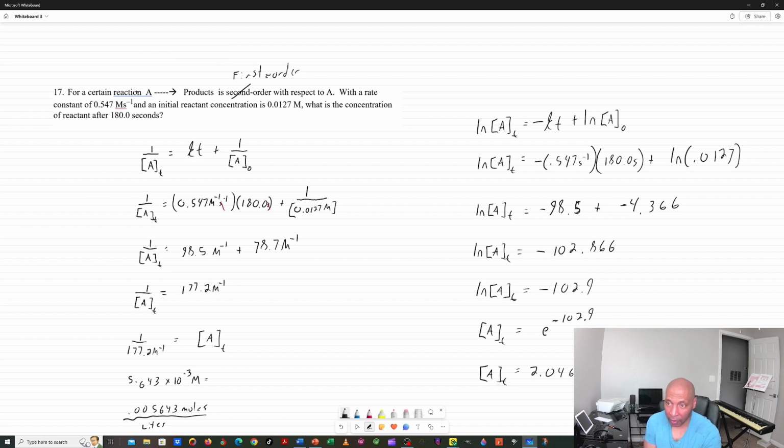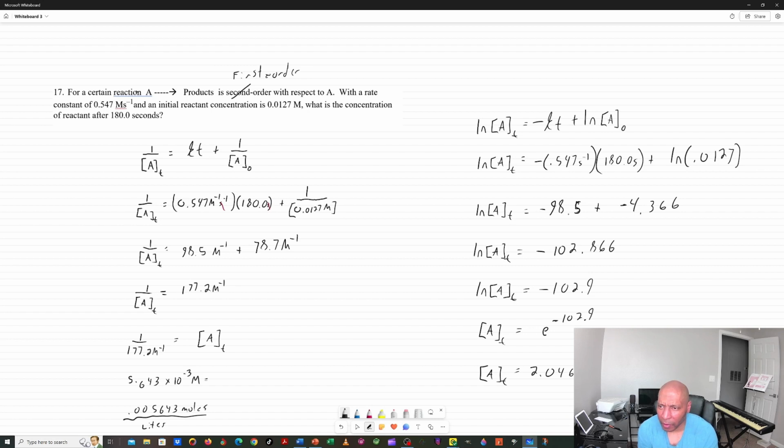It's 0.0469 times 10 to the negative 45. Apparently this is only good to 1 significant digit, right?